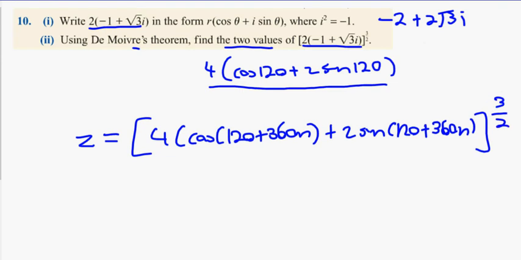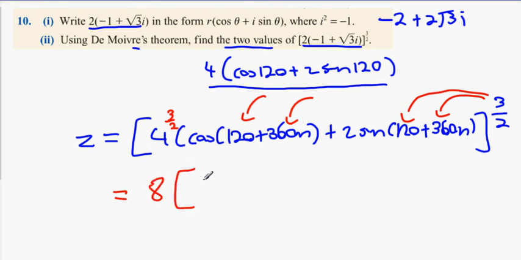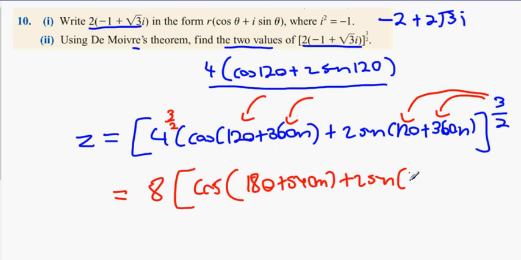So we've got to multiply each angle by 3 over 2, same thing here, and then put 4 to the power of 3 over 2 in front. Now 4 to the power of 3 over 2 in your calculator is 8. And then it's going to be 8 cos, now this here is going to be multiplied by 1.5, so that's going to be 180 plus 540n plus i sine 180 plus 540n, close bracket.